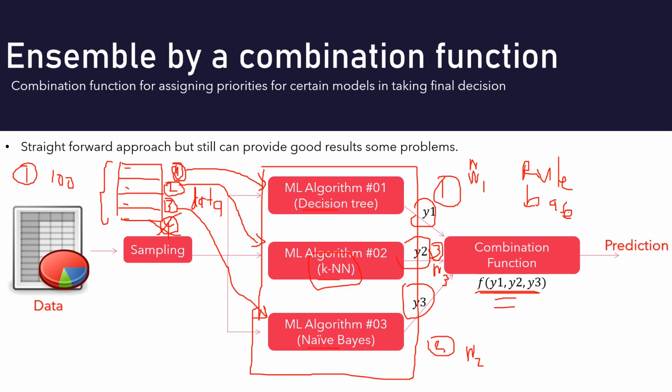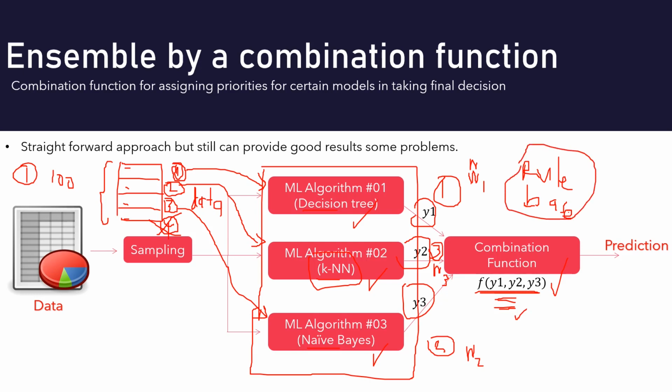That's the ultimate goal of this combination function. For that, we have to carefully design this combination function based on the thorough analysis of these individual models. After that, we will be able to design a combination function, which can be a mathematical function or a rule base.